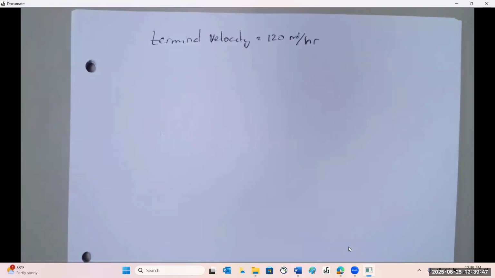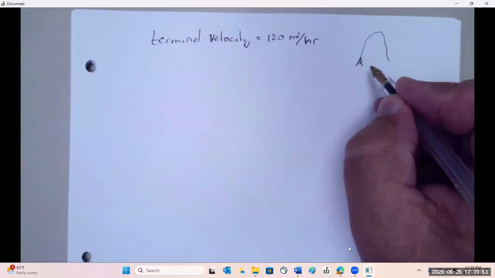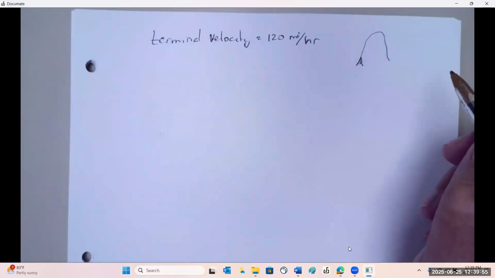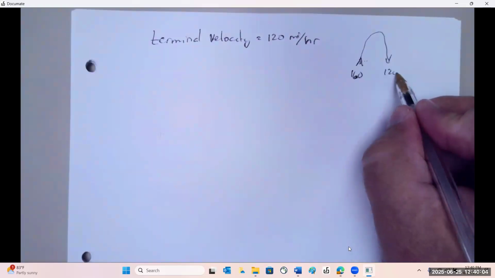So if you think about it, going up, at the initial point, what was the velocity there going up? 160. Coming down, what's the fastest it can come down? 120. So it won't be symmetric on both sides.